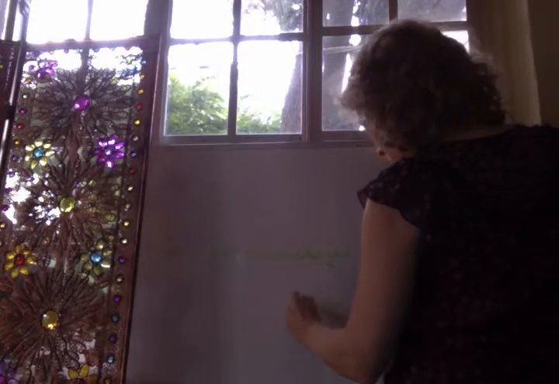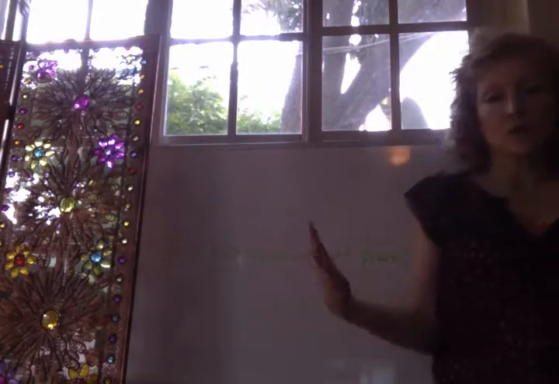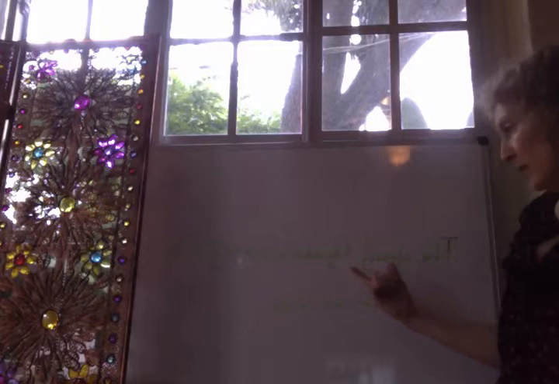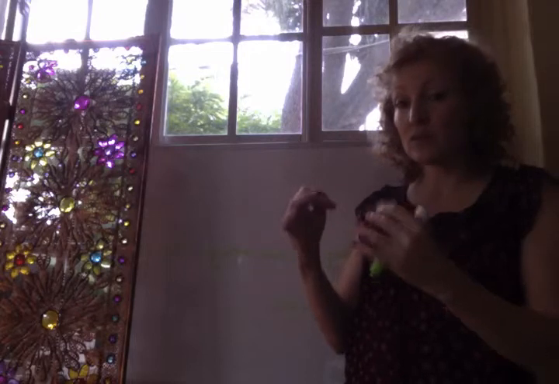If we ask the question, okay, in this sentence, who is the sentence about? What is the topic of the sentence? You might say the young boy, but then you would ask yourself, well, what about who is sitting in the front row? All of that information is telling you more information about the young boy. So it's still part of the subject.